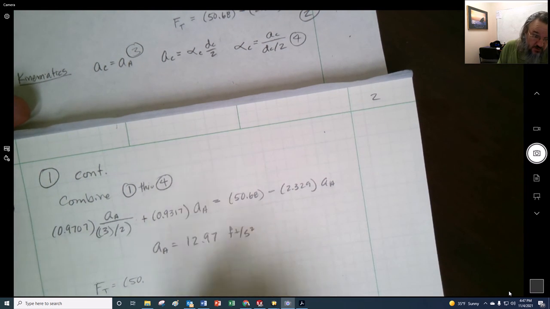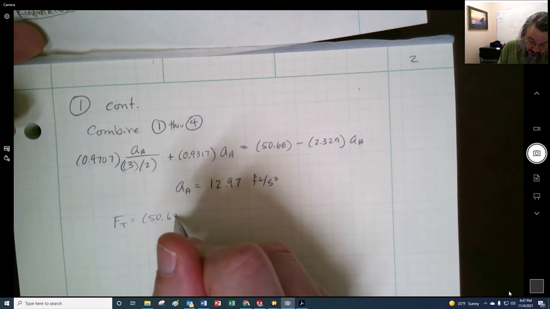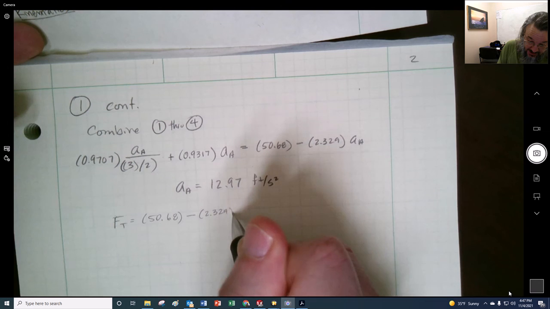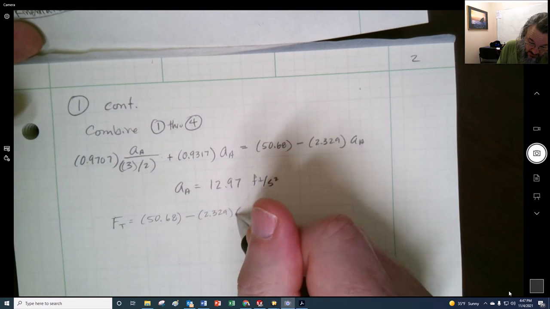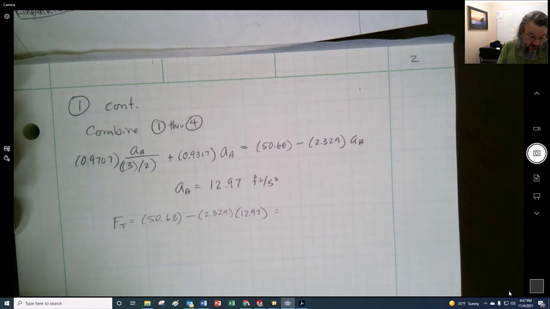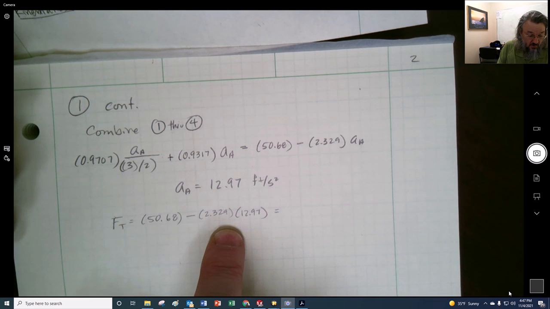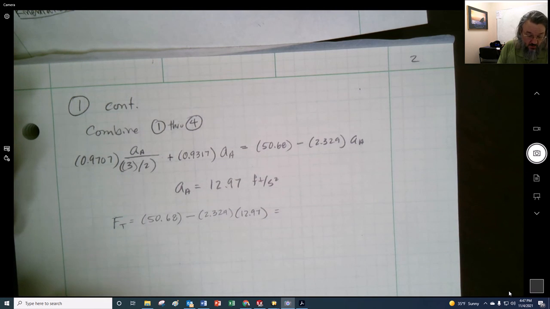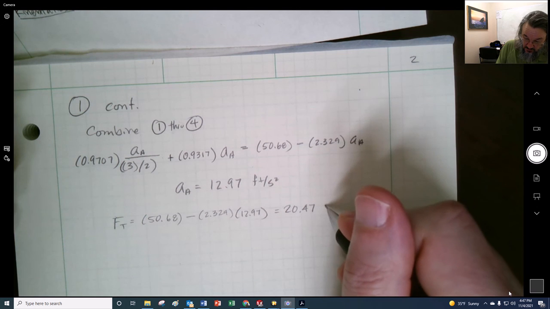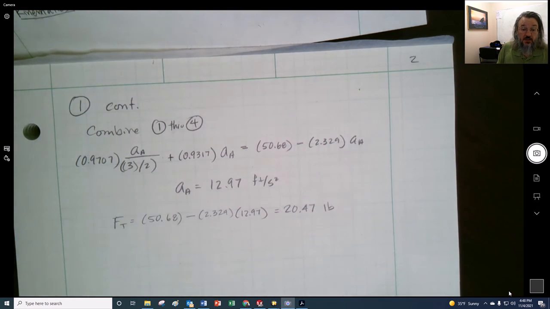So 50.68 minus 2.329 times 12.97. Combine that, and we end up with 20.47 pounds. Anything else that we need?